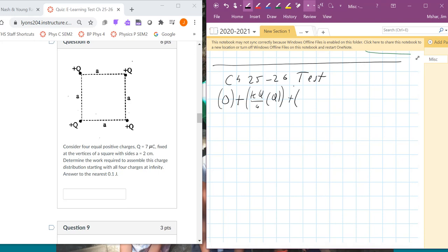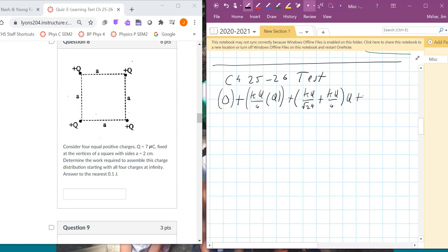For the third charge, I'll make that one down here. It is A away from the second charge and A root 2 away from the first charge. So the first charge makes a voltage KQ over root 2A, plus the second charge makes a voltage down there of KQ over A. And I have to take all that times the Q I'm sticking there, that's Q3.